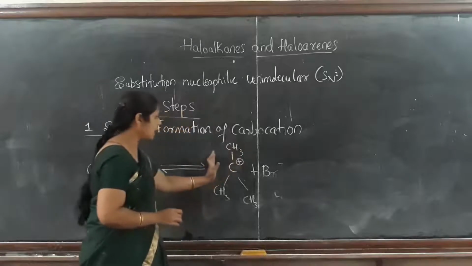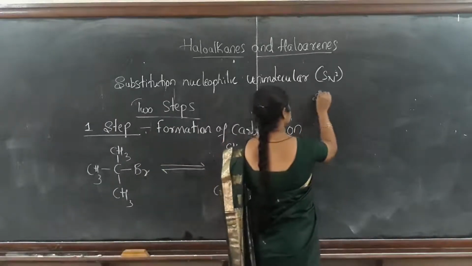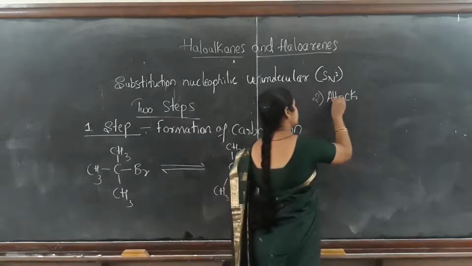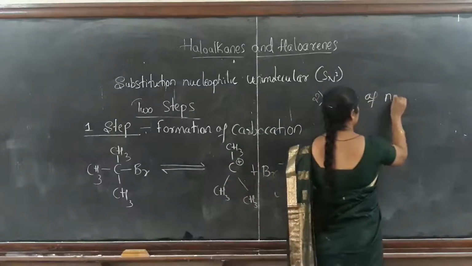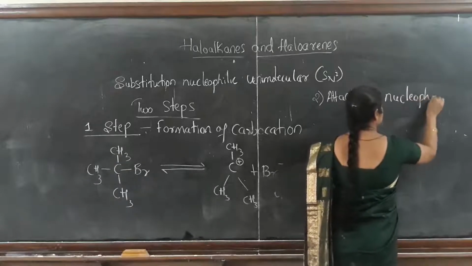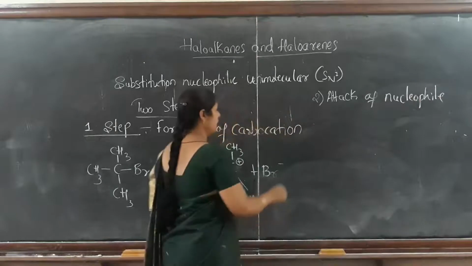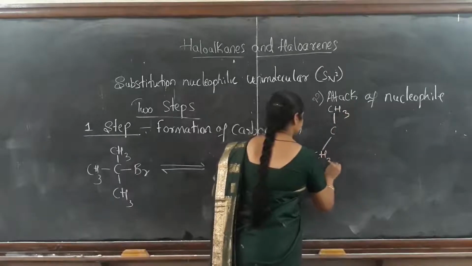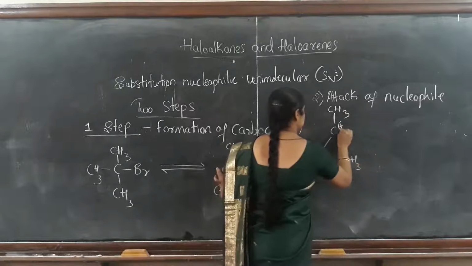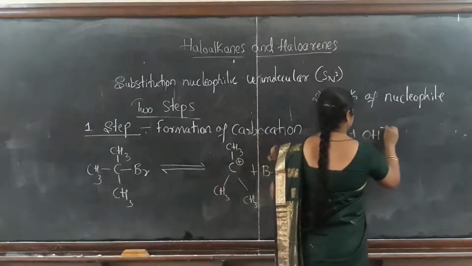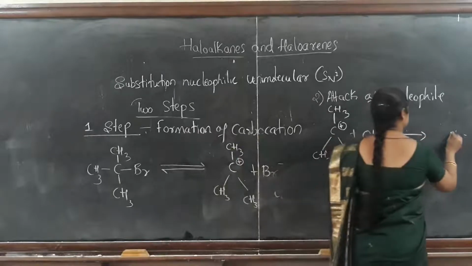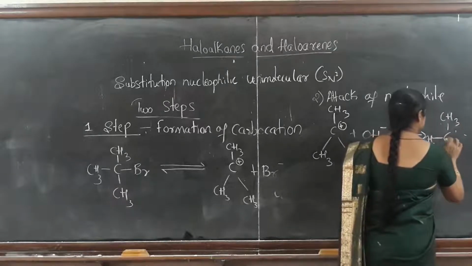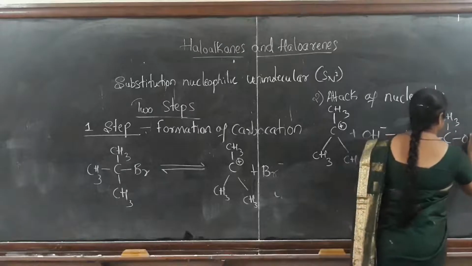The second step is the attack of the nucleophile. The carbocation obtained here is attacked by a nucleophile and we are going to get tertiary butyl alcohol.